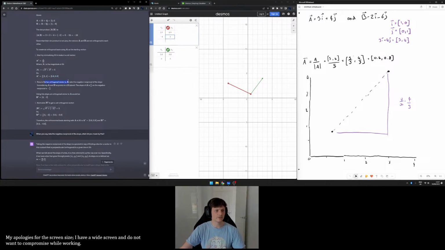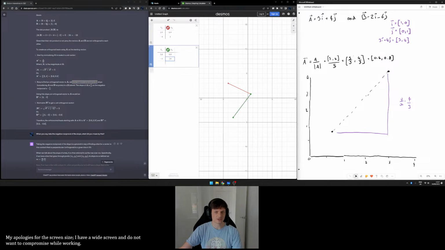Now to find an orthogonal vector to A, take the negative reciprocal of the slope, considering it's negative 3, 4. So it's negative 3 divided by negative 4. Wait, negative 3 divided by negative 4.